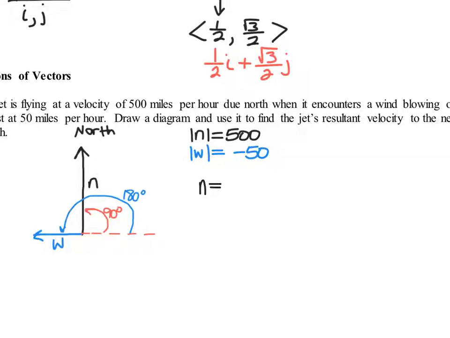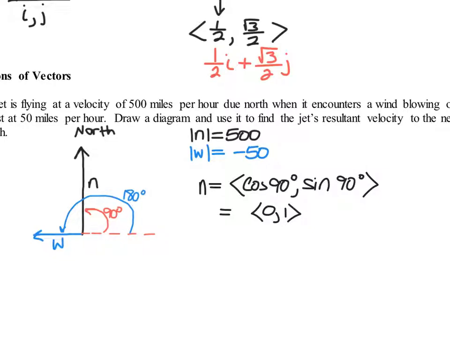So vector n is defined by cosine theta, well, every vector is defined by cosine theta comma sine theta. So cosine 90, sine of 90, and that would give you 0, 1. All right, so that's it.